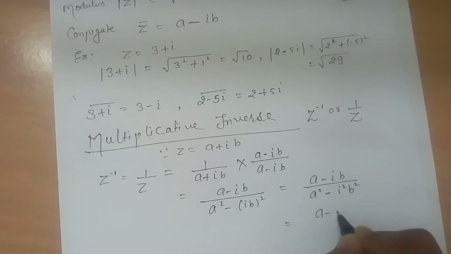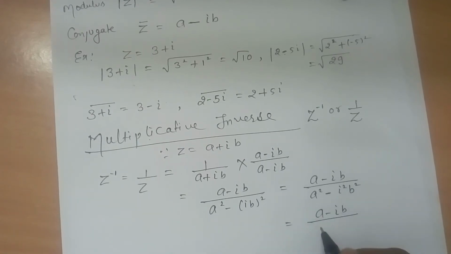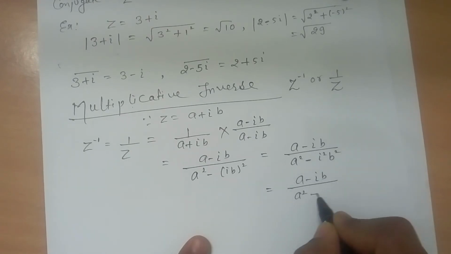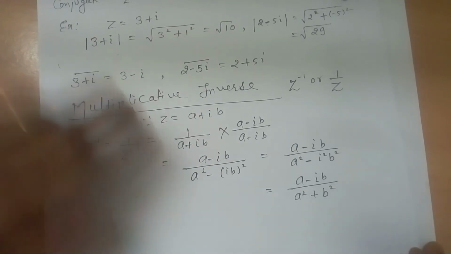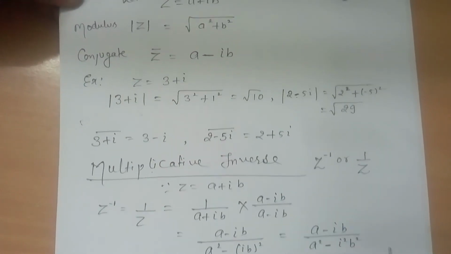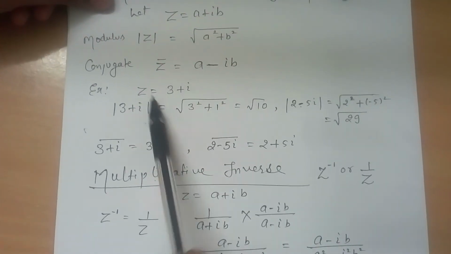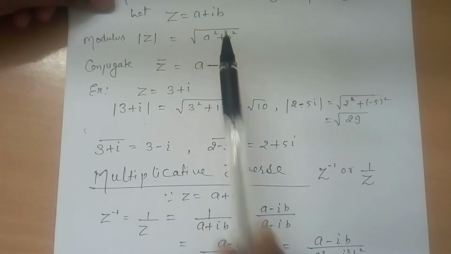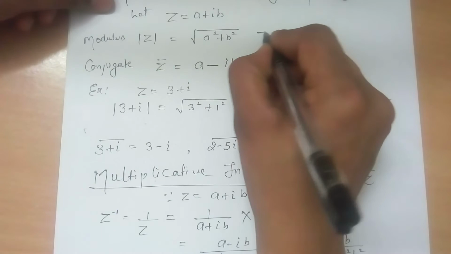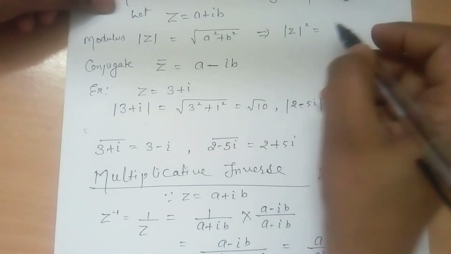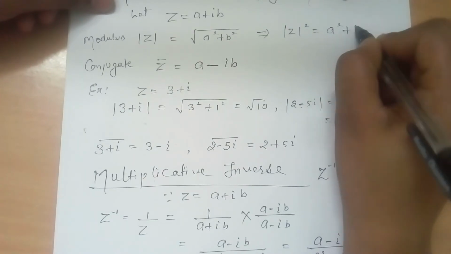Now see, a minus ib upon a square, i square is minus 1, so plus b square. Now we have seen here that the modulus is root of a square plus b square. So from here we can find mod z square: squaring both sides, we get a square plus b square.